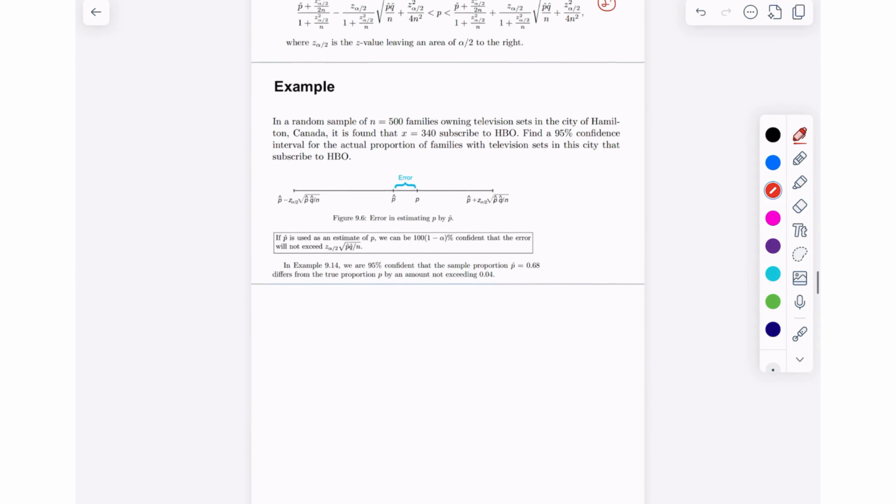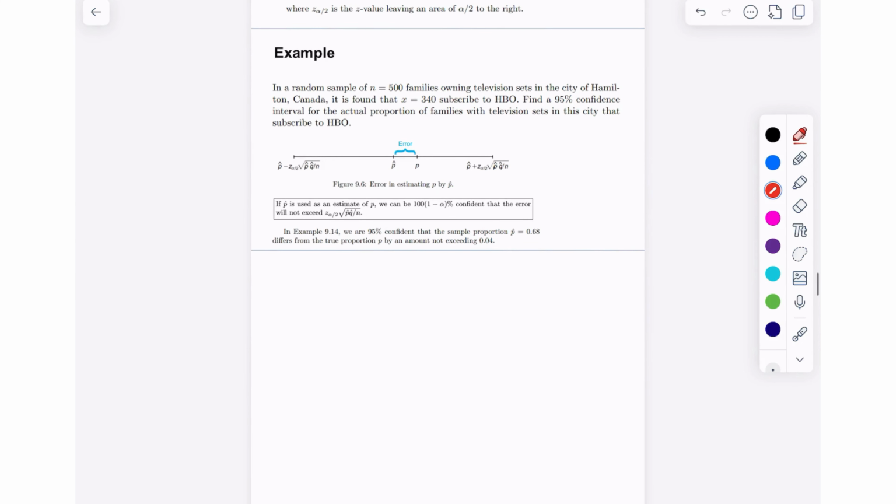Okay, we look at this example. In a random sample of n equals 500 families owning television sets in the city of Hamilton, Canada, it is found that x equals 340 subscribe to HBO. Find the 95% confidence interval for the actual proportion of all families with television sets in the city that subscribe to HBO.